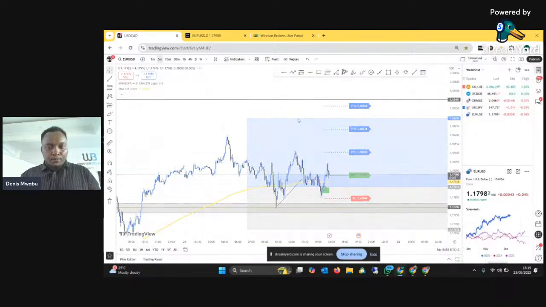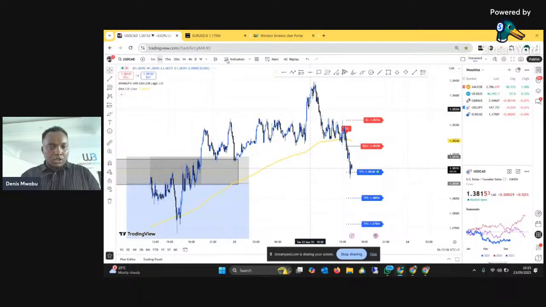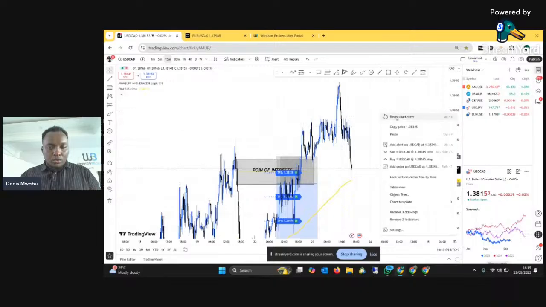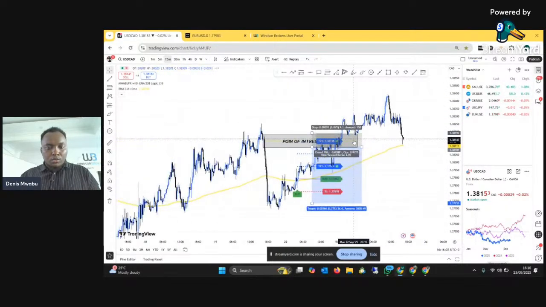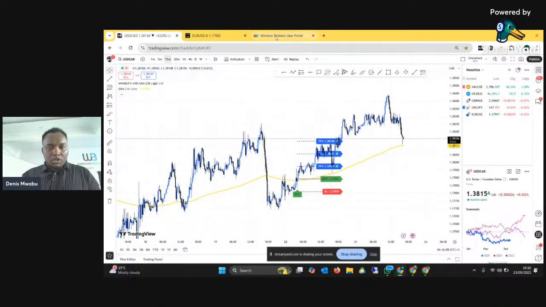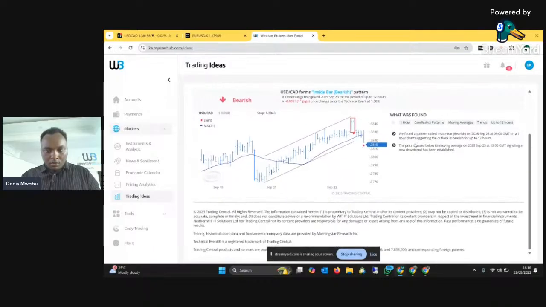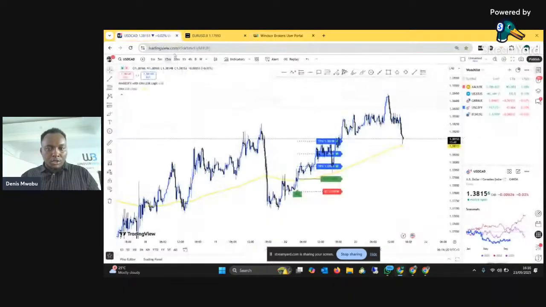With USD CAD, oh my goodness, it's already gone, but let's see. This would be a very good sell if we could catch it at that particular area. Here it's telling us that on the 1 hour time frame, we have what we call an inside bar bearish.